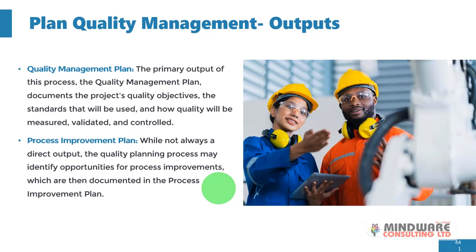Even if we are not going to improve on it, at least we can maintain it and keep it there so that it doesn't deteriorate or go down. So as a project manager, you have to really look into this, and that's why you need to have the process improvement plan, not just a quality management plan, but a process improvement plan.